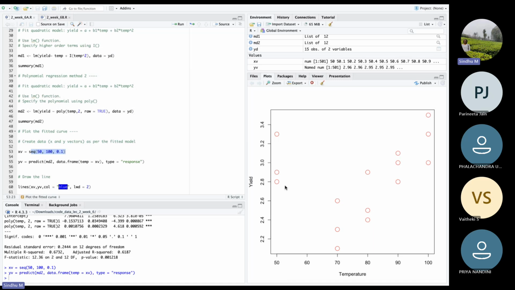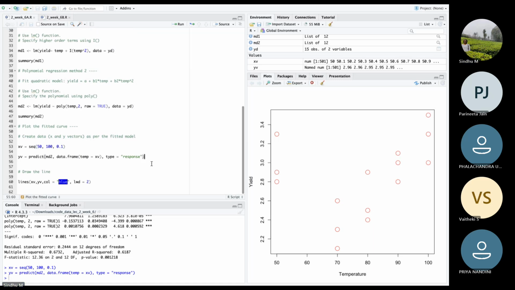Based on this, now we want to predict, suppose the temperature is 50, then what will be the yield? Or suppose the temperature is 100, what will be the yield? So this is the known information. Based on this known information, we are trying to predict something using the model. To do that, we have used the predict function that we have already covered in the MCQ session as well.